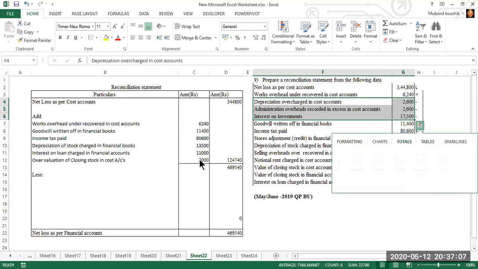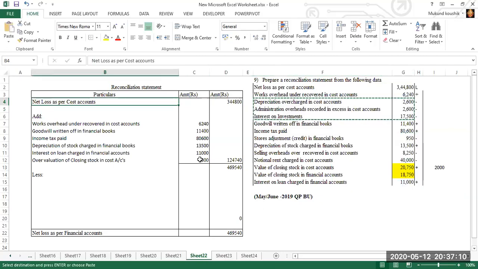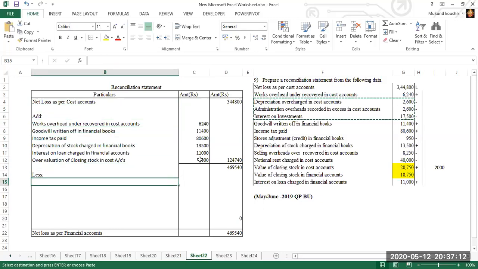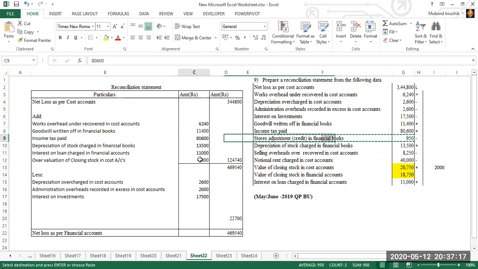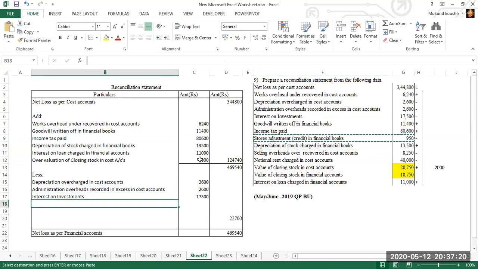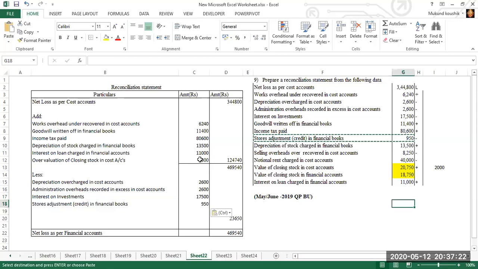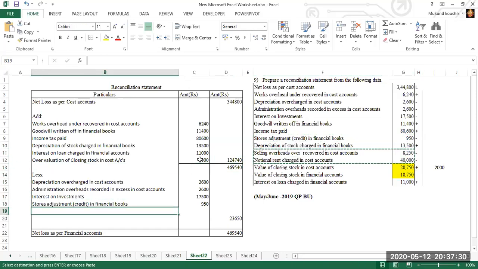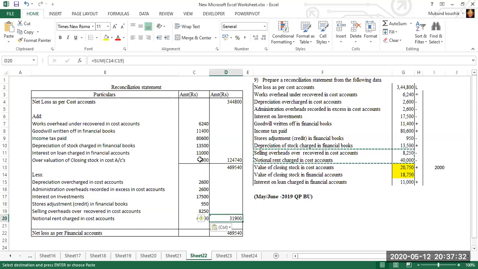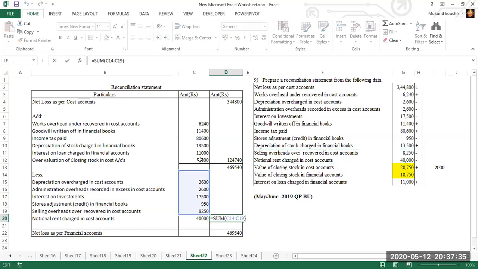We will deduct source adjustment. Here also we have to take the total of all the items which we are supposed to deduct.